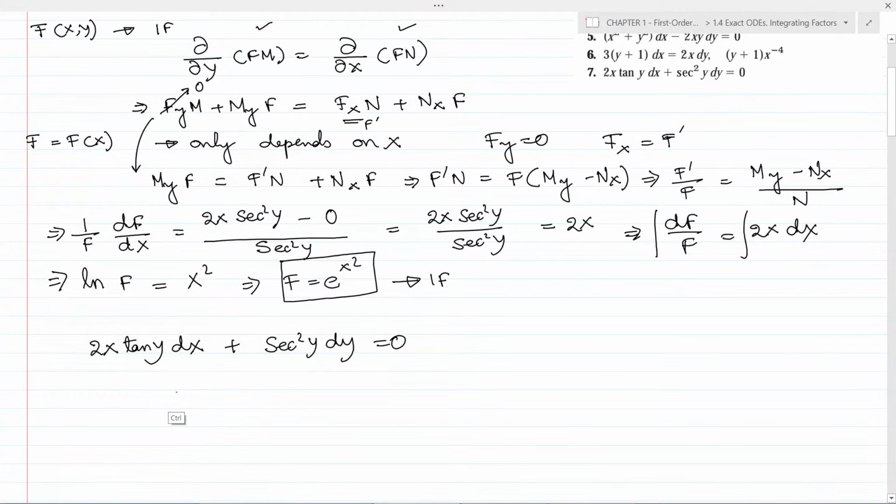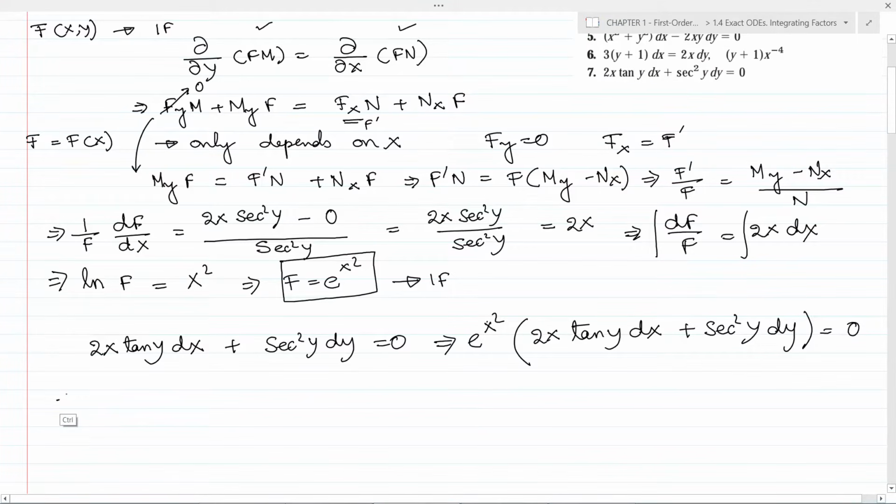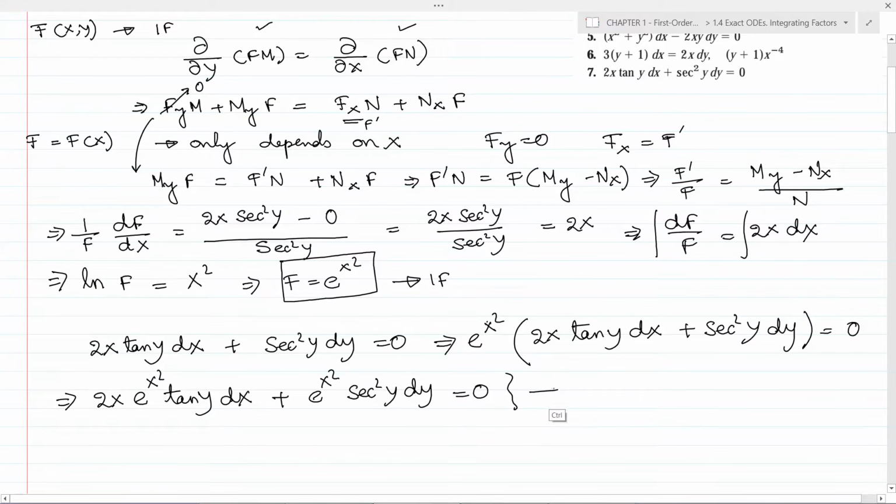We can multiply both the left hand side and the right hand side of this equation by the integrating factor e to the power x square, and we can write e to the power x square whole into (2x tan y dx plus sec square y dy) equal to 0, which implies 2x e to the power x square tan y dx plus e to the power x square sec square y dy equal to 0, and this is now an exact differential equation, exact DE.